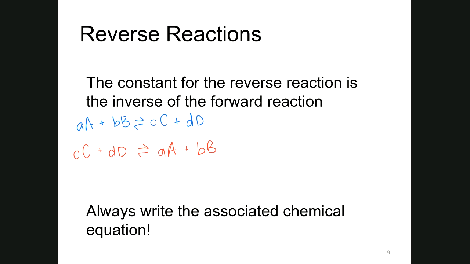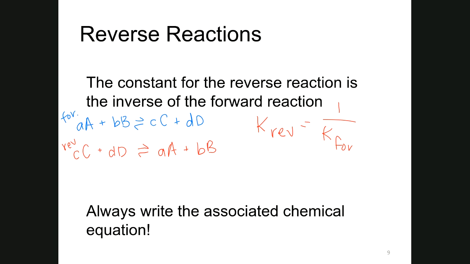So what we just did here is we swapped what went in each space. What was in the product portion, the numerator, is now in the denominator of our K expression. So in other words, if the first one in blue is our forward reaction, and the one in red is our reverse reaction, we can say that K reverse is equal to 1 over K forward. In other words, it's the reciprocal or the inverse of the opposite direction.